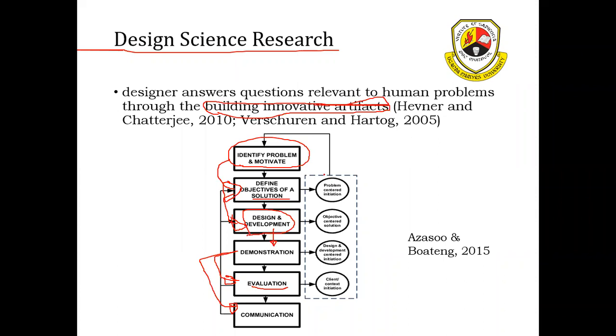Sorry about that. So now, if you recall from our last lecture, when we talked about the proposal, your first chapter, even your concept paper, is where you identify your problem and define your objective and solution. That is your first chapter. Your second chapter, you do the literature review. Your third chapter, you talk about the methodology.